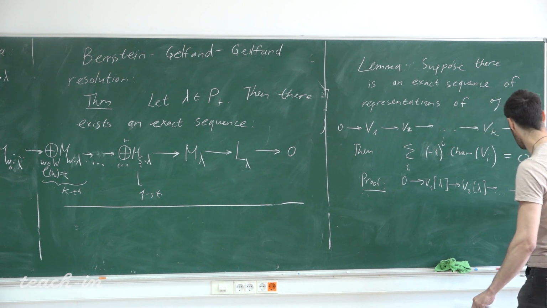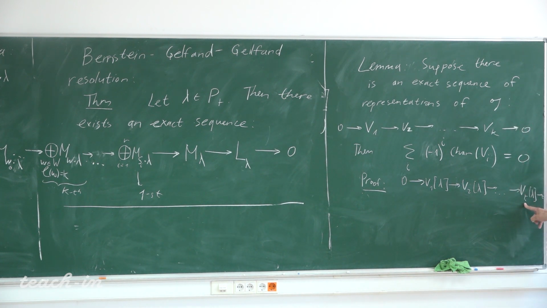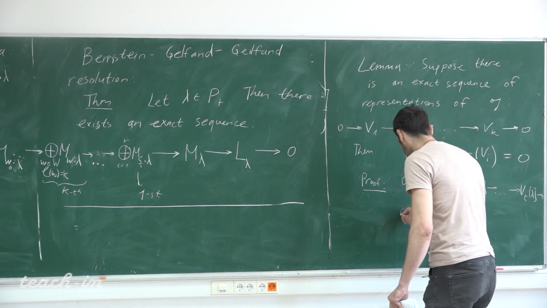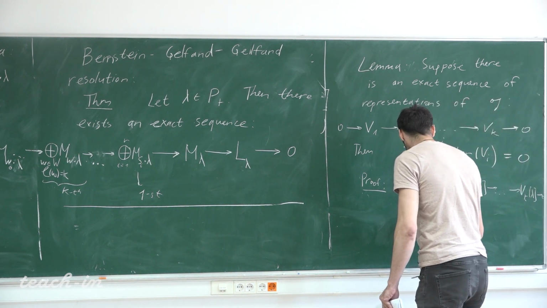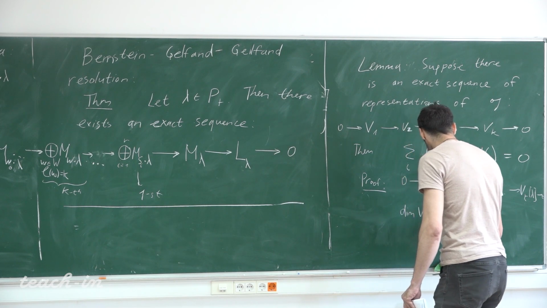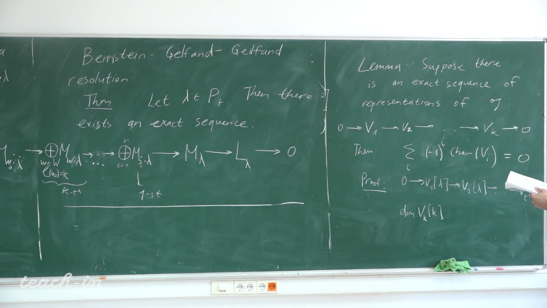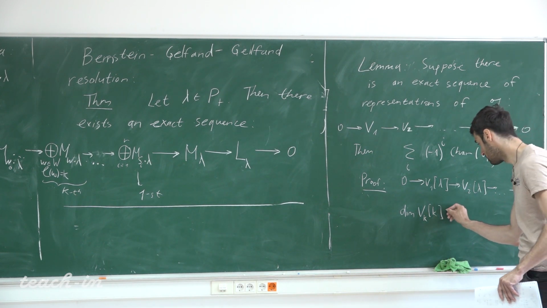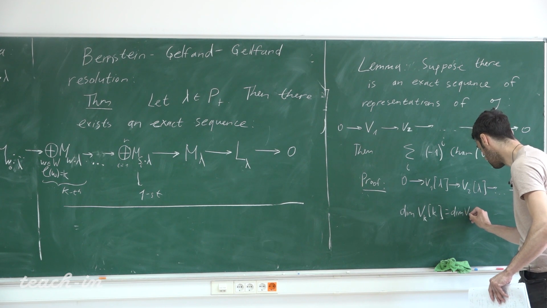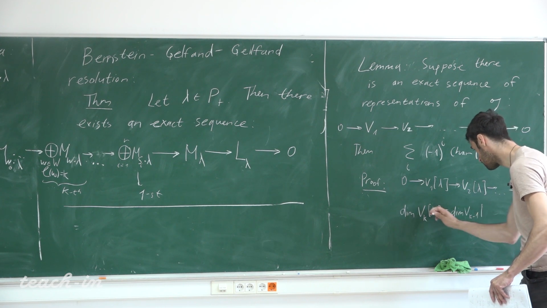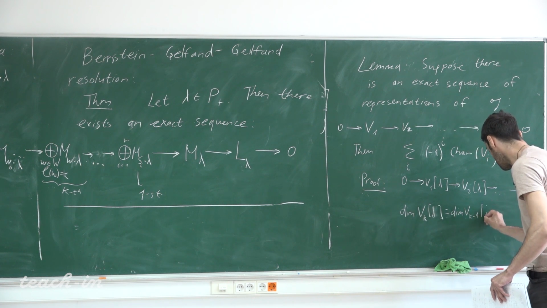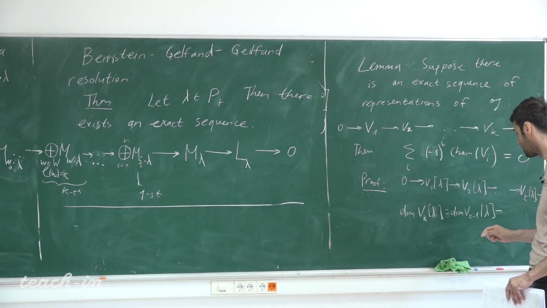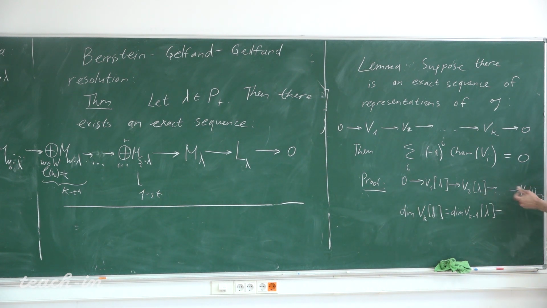Right? So therefore, the dimension of Vk of lambda is the dimension of Vk minus 1 of lambda minus, since this map is surjective, I should subtract the dimension of the kernel of this map.